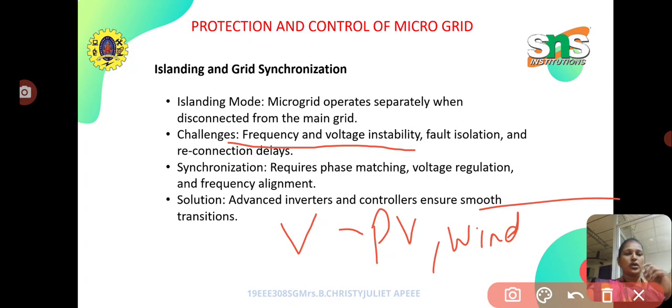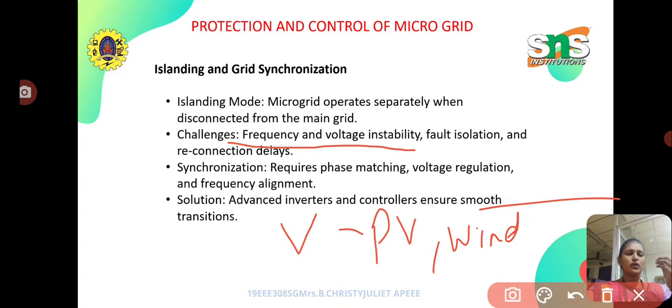And fault isolation is also a big challenge for a microgrid. And also reconnection delays. And we have grid synchronization, which means connecting the microgrid to the main grid. And also connecting the energy sources to the microgrid is called synchronization.